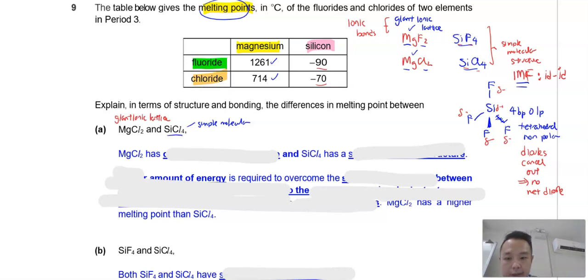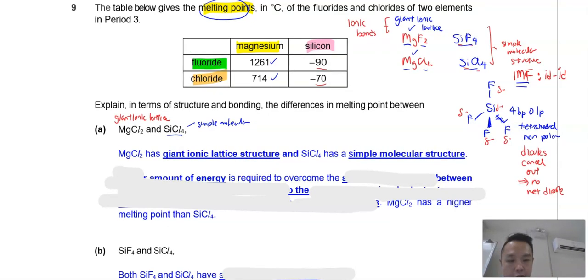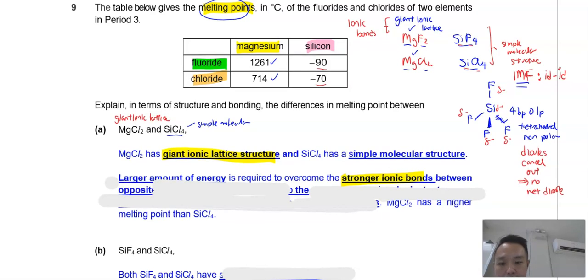Okay? So MgCl2 and SiCl4, let's analyze. In this case, we state the structure up front: giant ionic structure for MgCl2, simple molecular structure for SiCl4. The type of bonds that we're overcoming when melting a giant ionic lattice will be strong ionic bonds between oppositely charged ions. So remember, when we talk about bonding, we have to state the particles.